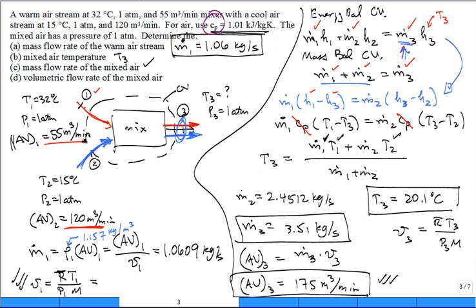Because we have modest temperature changes and modest pressure changes, volumetric flow rate is a good surrogate for mass flow rate. A lot of times in engineering calculations, especially in HVAC, heating, ventilation, air conditioning systems, you just work with volumetric flow rates conserved. When really it's not perfectly conserved, it's the mass flow rate that's conserved.